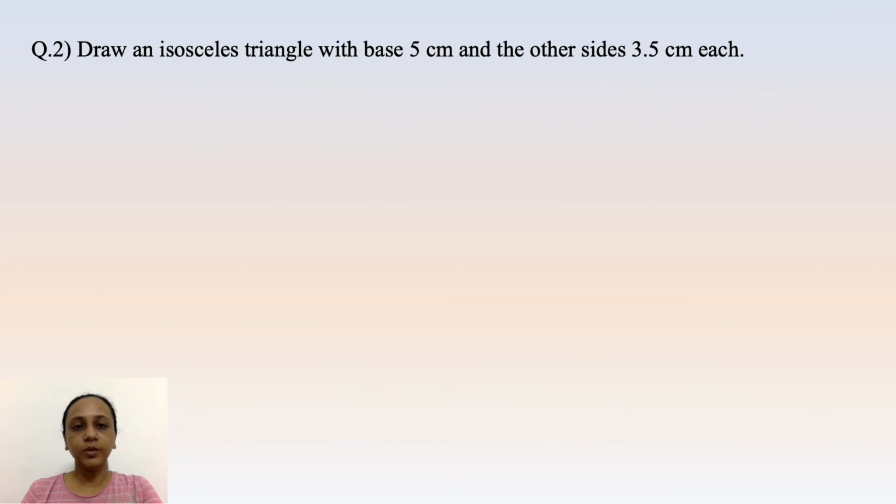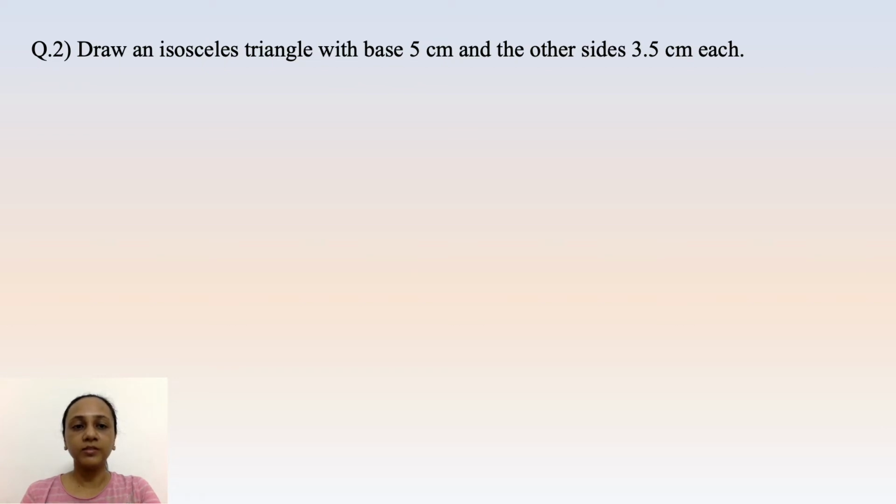Question number 2. Draw an isosceles triangle with base 5 cm and other sides 3.5 cm each. An isosceles triangle means a triangle having two sides equal.